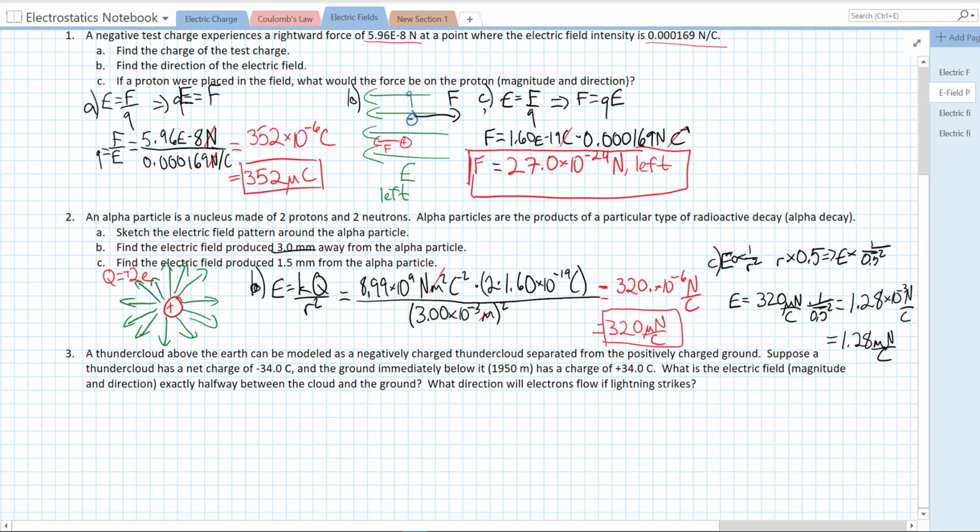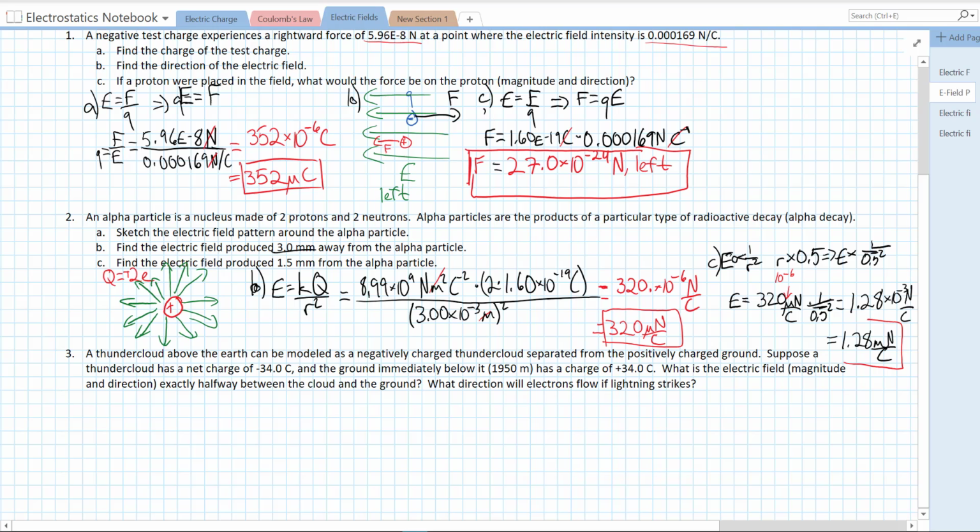I plugged in 10 to the minus 6 for micro, and that's probably a good idea for you to do too. Then it gives it to me in newtons per coulomb, and I convert it at the end.